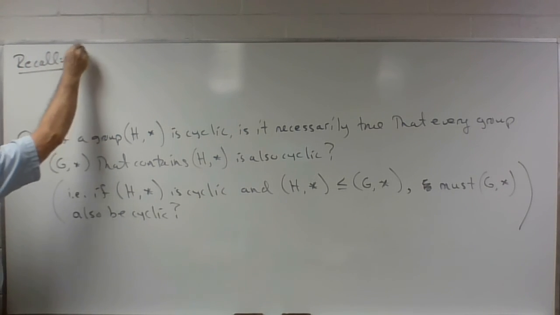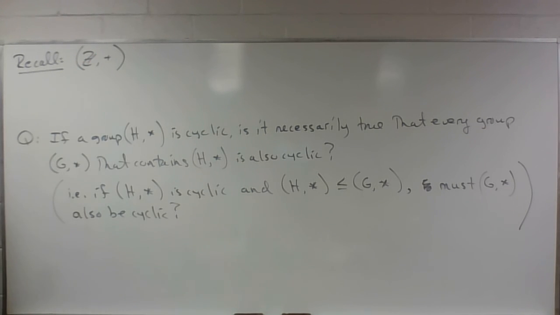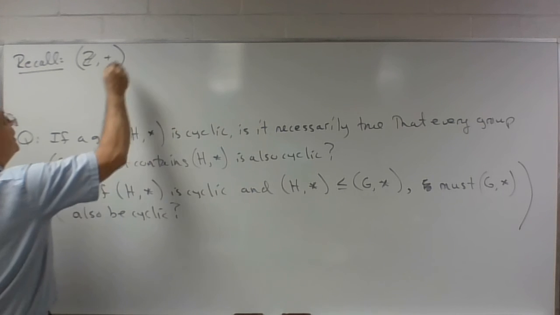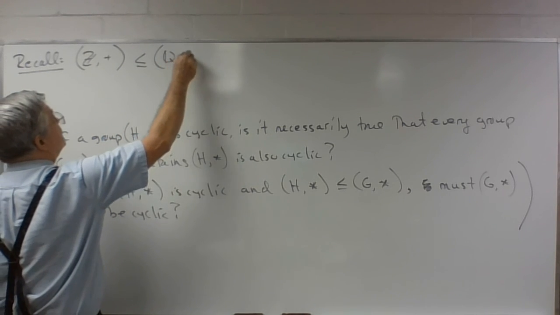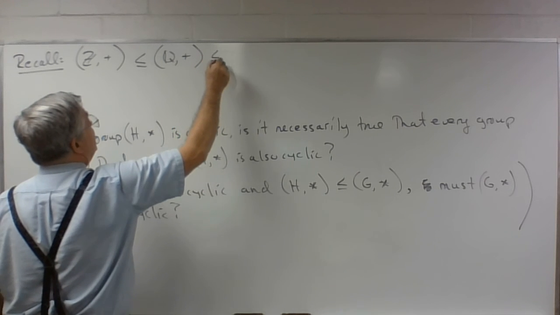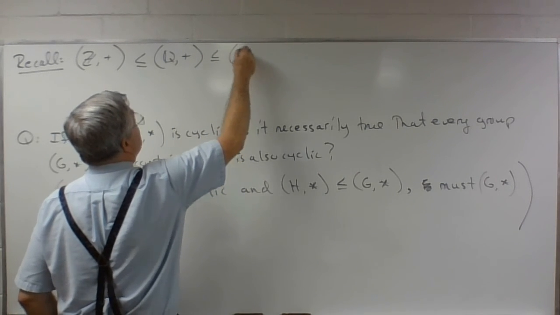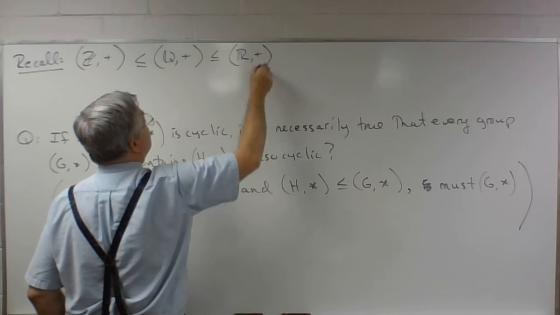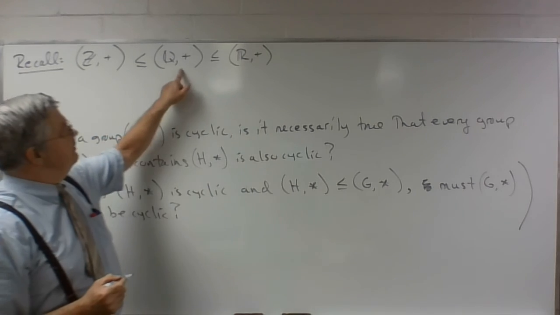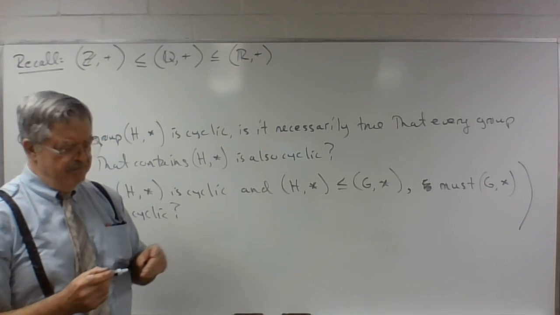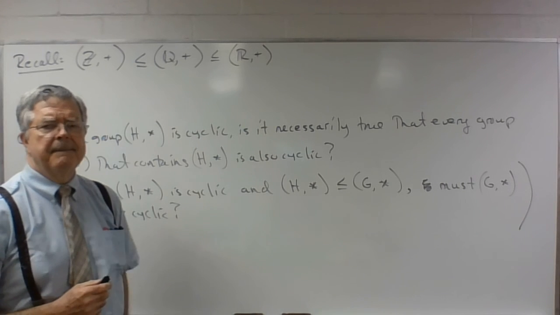Right at the beginning of this lecture, we looked at the integers under addition, and they were a subgroup of the rationals under addition. And in turn, the rationals were a subgroup of the reals under addition. So do the rationals and the reals have to be cyclic just because the integers are?